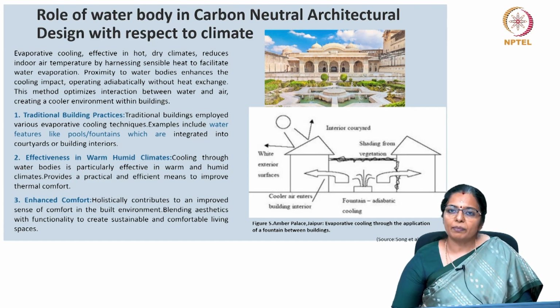It provides a practical and efficient means to improve thermal comfort, but not during days when it is intensely humid. When the air is already laden with humidity to about 98 or 99%, a water body will be an ineffective mechanism.